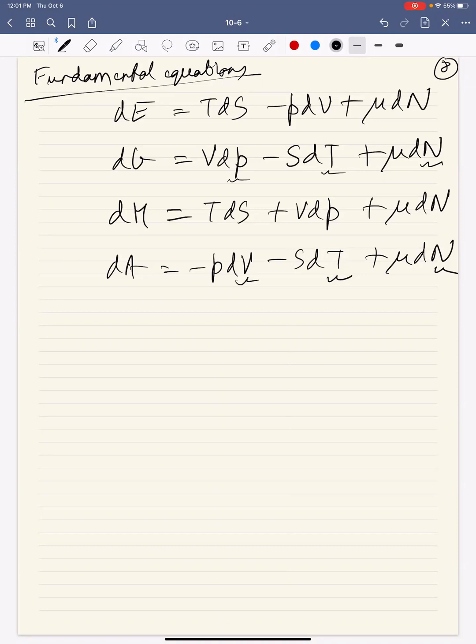But there is something interesting over here. From each of these equations, you can write down a formula for mu, which looks very different, but it is the same because it's the same mu everywhere.